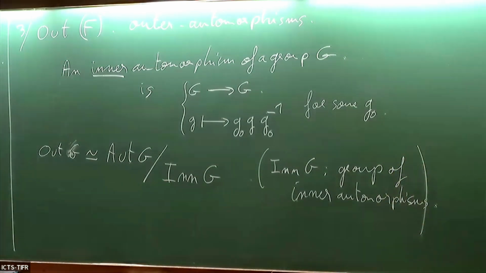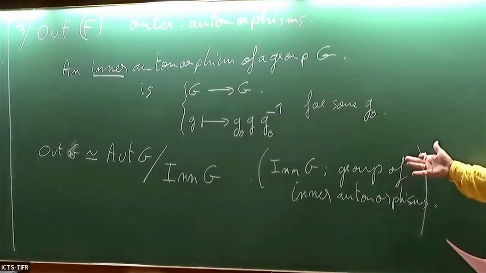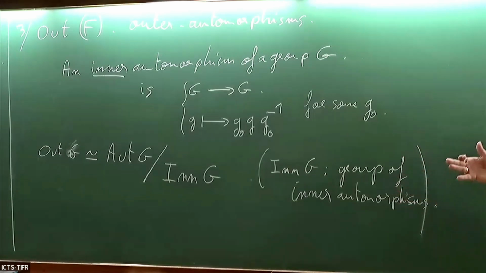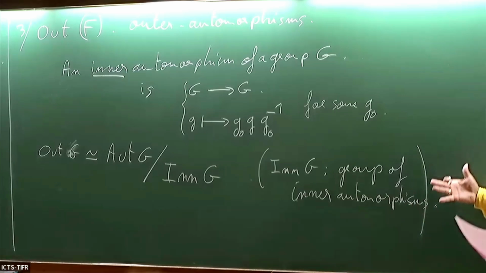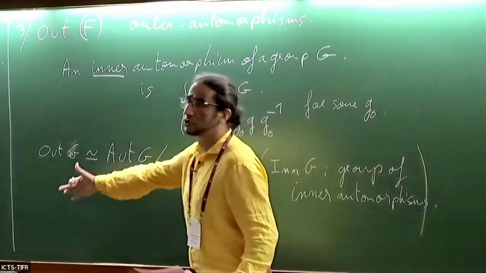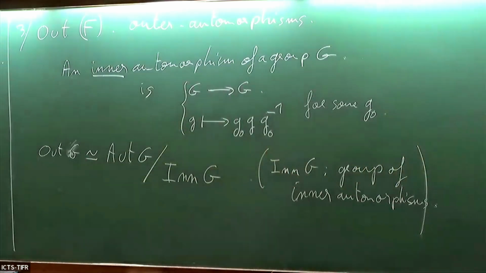I will be slightly sloppy because I will often give as examples automorphisms, or even in the notation there will be automorphisms, but the property that I will list here, they are properties of their class in the outer automorphism group, which is most of the time an easy check.